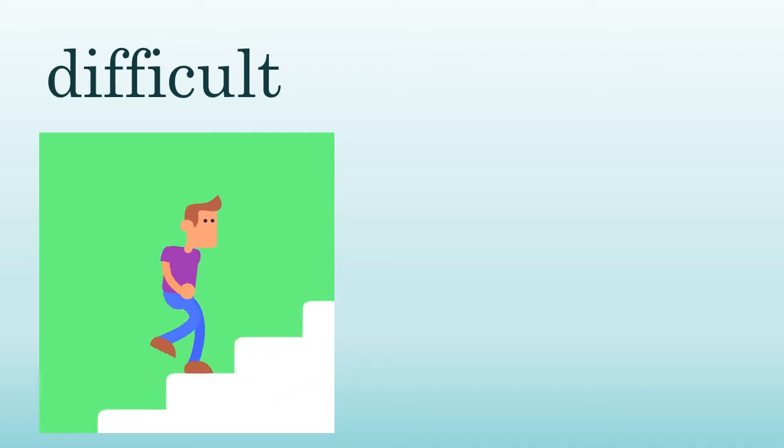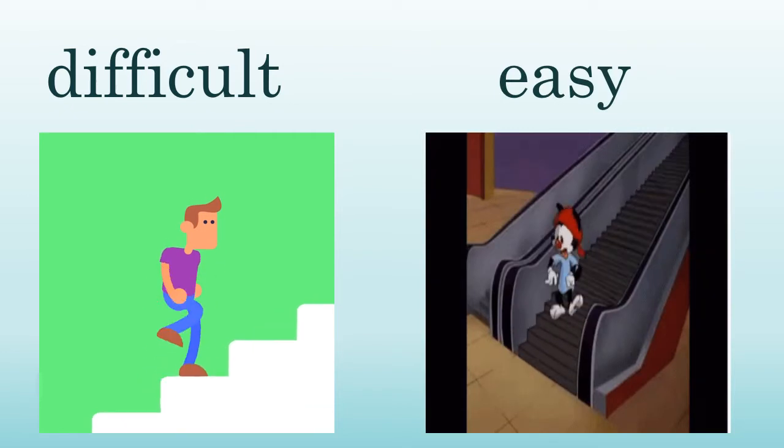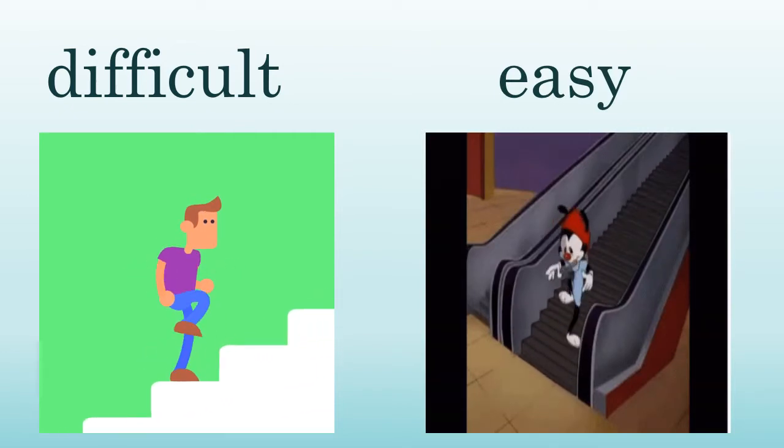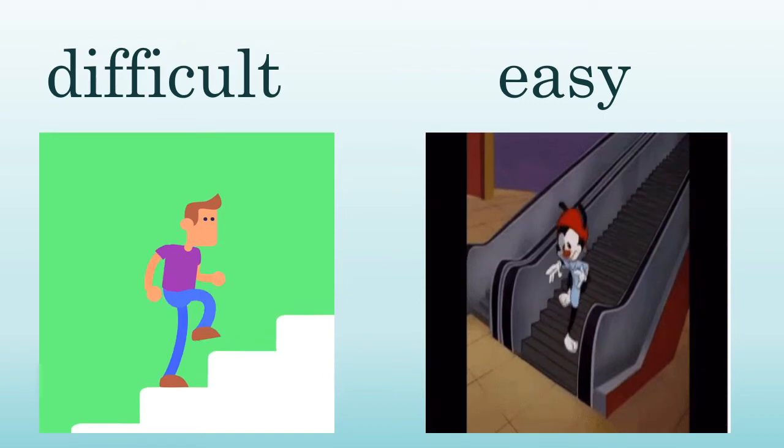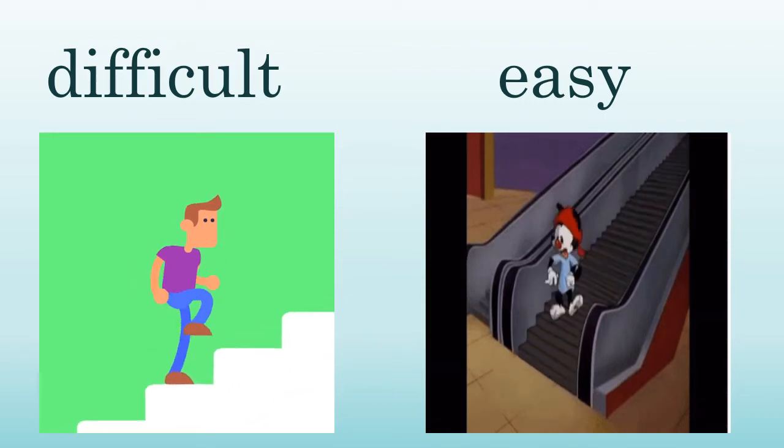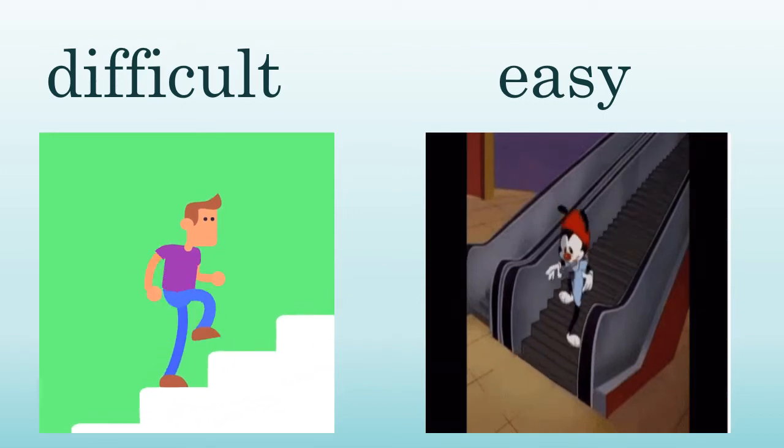After some time, you get tired. Now, look at this. The antonym of difficult, easy. When you get down from an escalator, it's very easy, right? You don't have to put any effort. So, antonym of difficult is easy.